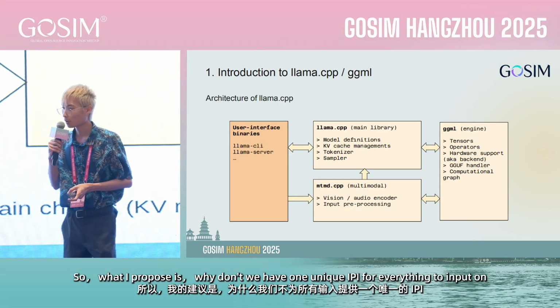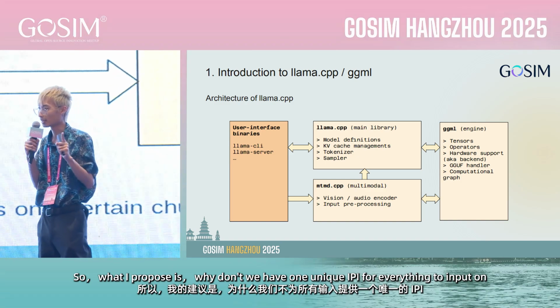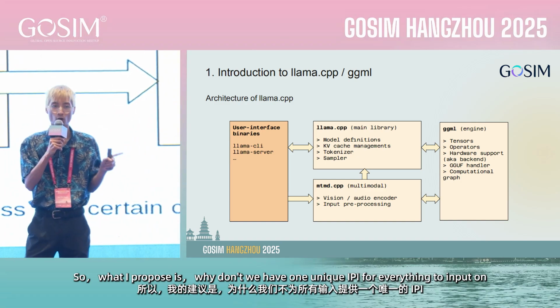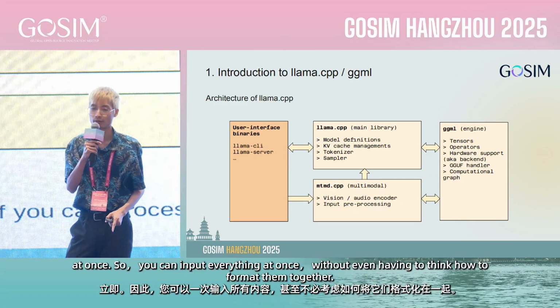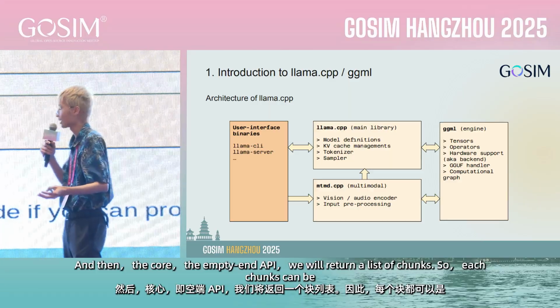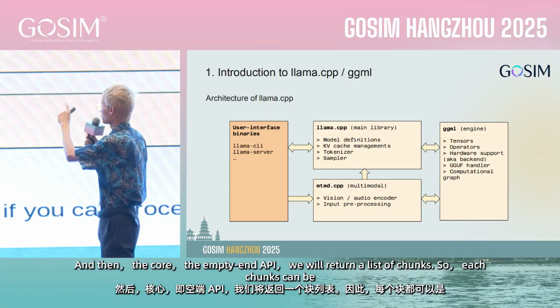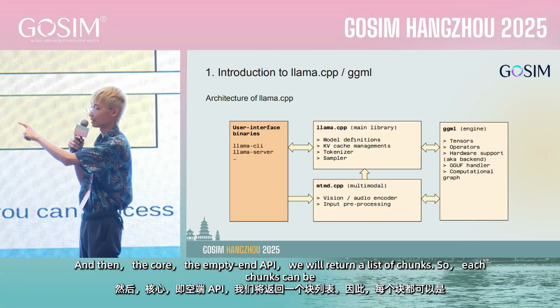So what I propose is, why don't we have one unique API for everything to input all at once? So you can input everything at once without even having to think how to format them together. And then the core, the MTMD API will return a list of chunks.